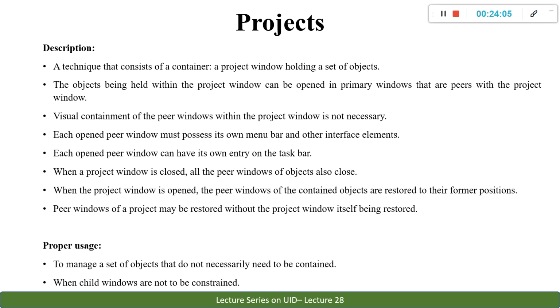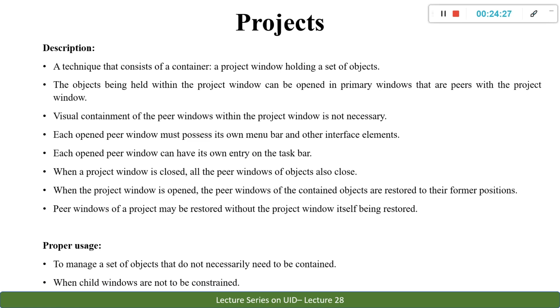When to use this? It can be put to proper use to manage a set of objects that do not necessarily need to be contained. If all the objects need not be shown, they just have to be running, and you just need the output of it. When you have such a condition, you can make use of projects.